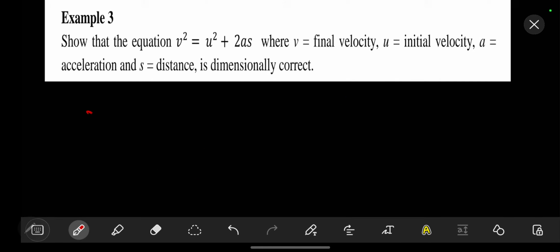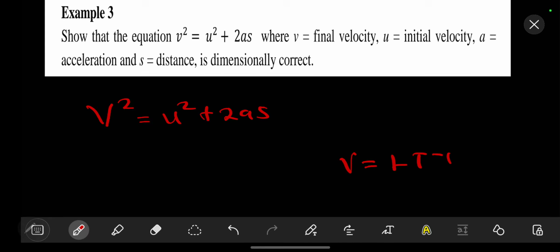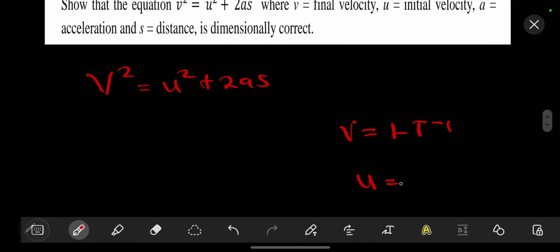For this problem, we say that v squared is equal to u squared plus 2as. So we know that our v is equal to LT raised to the power -1. Then we also know that our u should be equal to velocity, which is LT raised to the power -1.